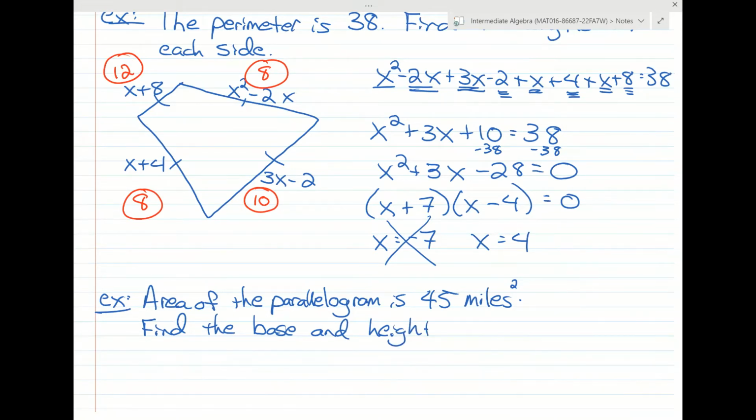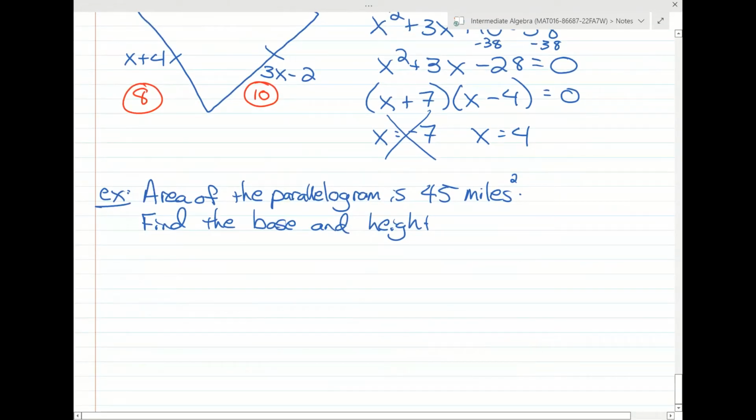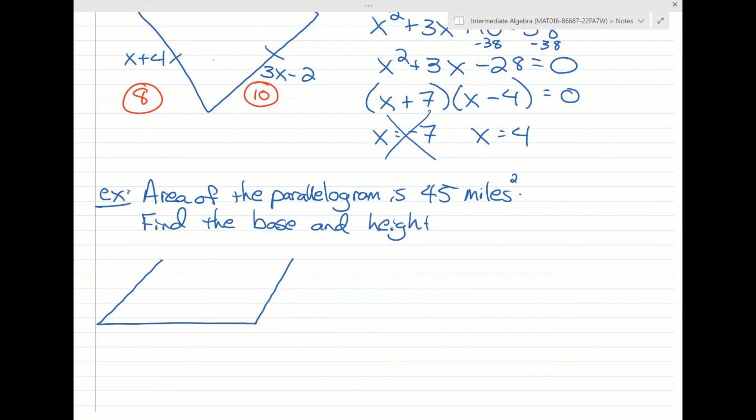And I'll give you a parallelogram. Okay, it looks like this. The height is x minus 6, and the base is x plus 6.